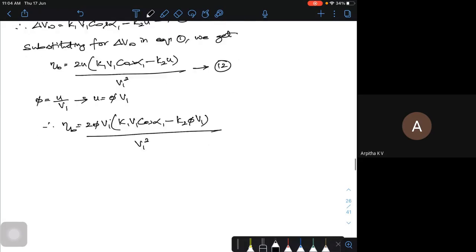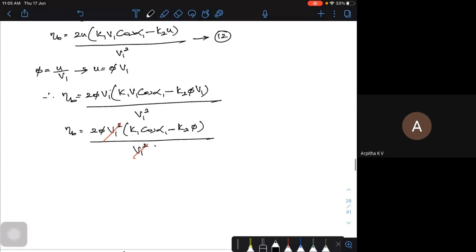Now if I take my v1 square outside, this will be 2 phi into v1 square into k1 cos alpha 1 minus k2 into phi, divided by v1 square. So v1 square just simply cancels out.